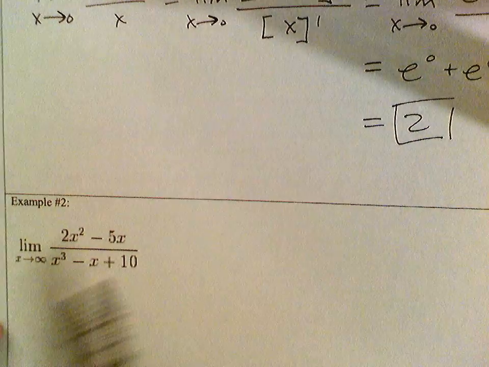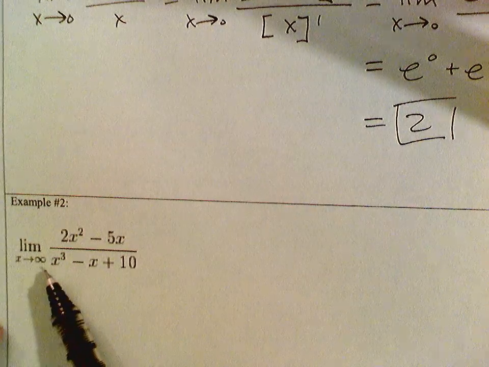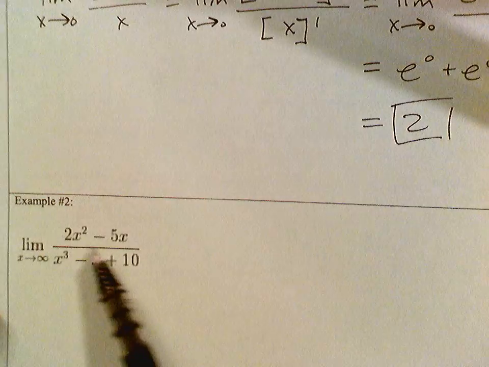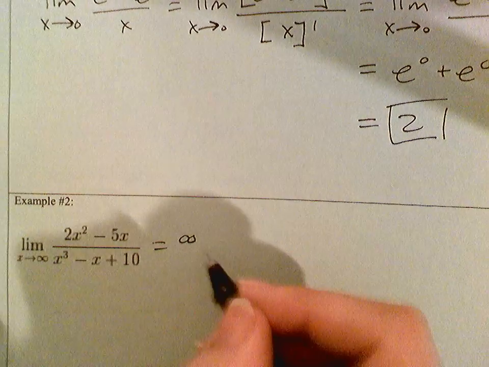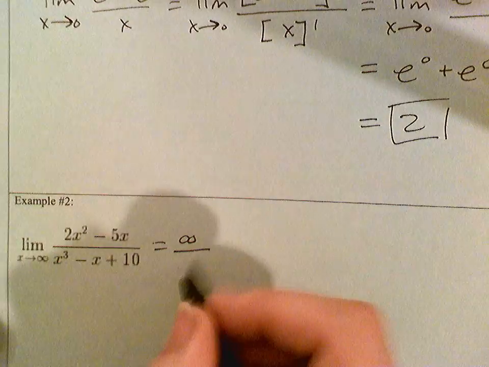Okay, so I can't plug infinity in, but if I imagine huge x values, this numerator is getting huge, so that's approaching infinity. The denominator is also getting huge.